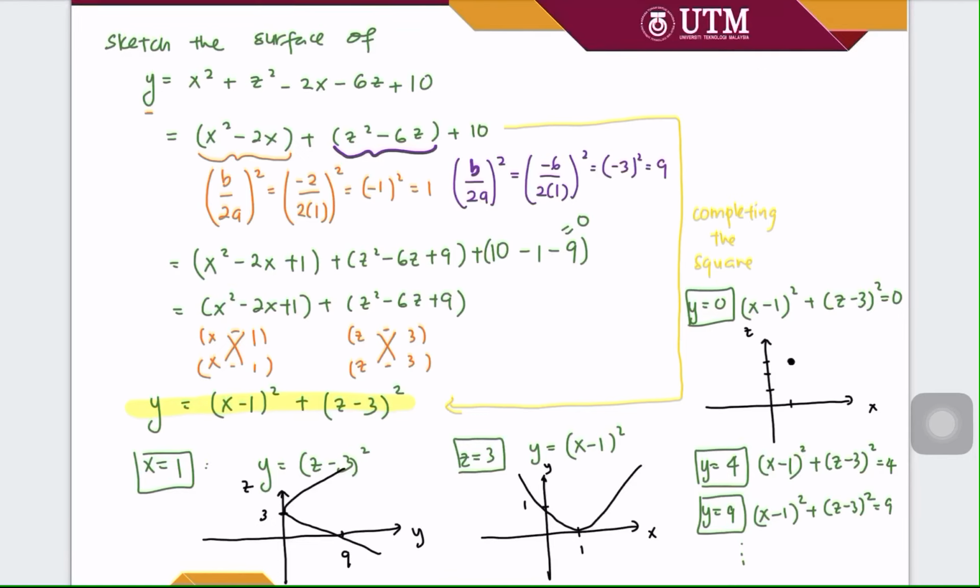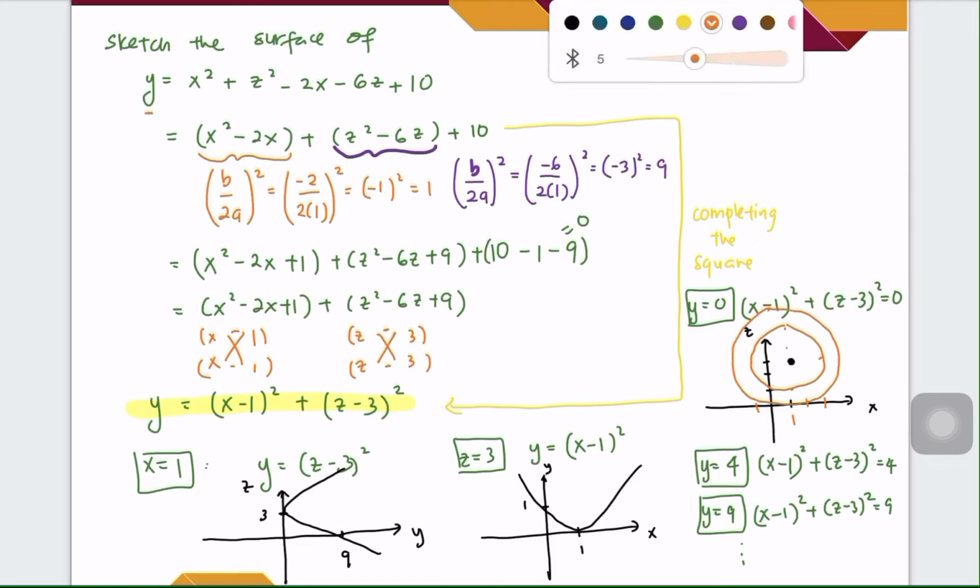The radius here is 2 for y equal to 4. So this is the circle for y equal to 4, and then for 3 you will increase the value.